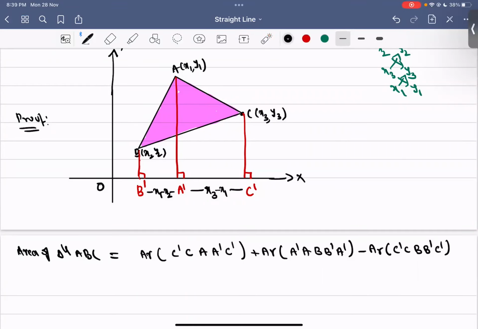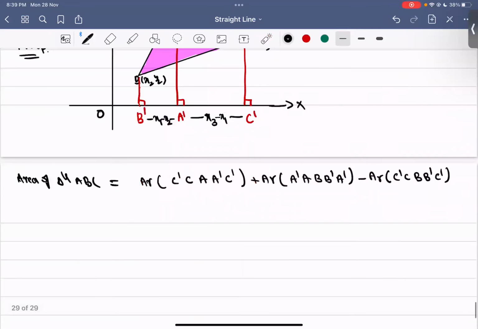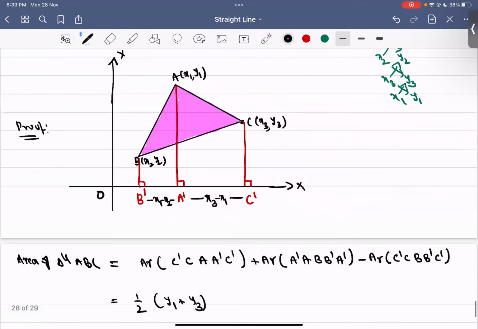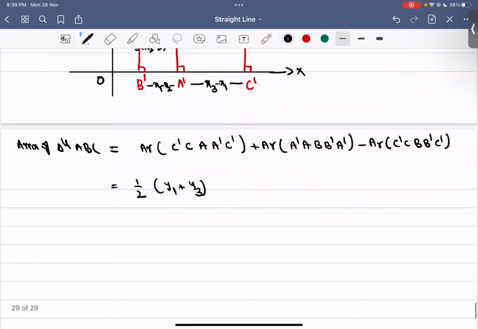So this is equal to 1/2 into y1 plus y3, the sum of the parallel sides, into height. Height is x3 minus x1. So this represents what?